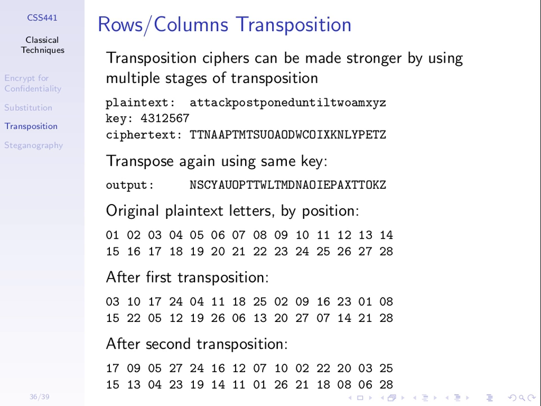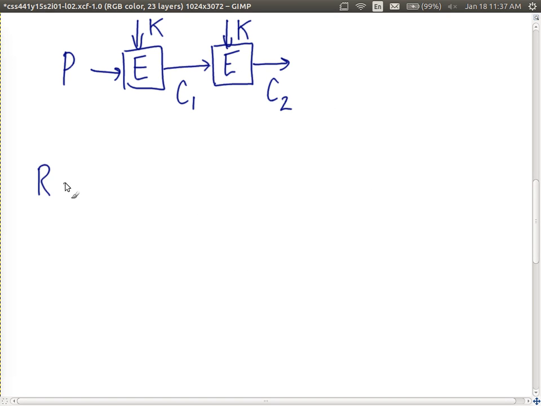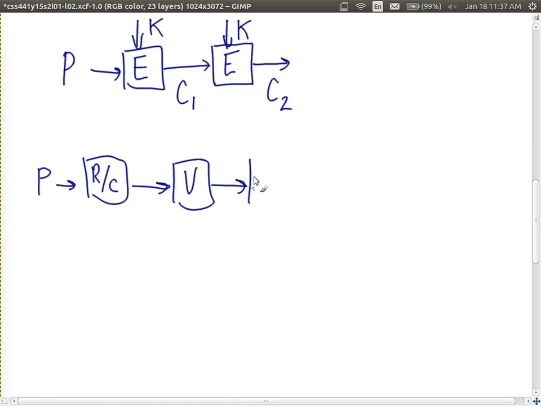And if you combine, maybe we can draw something like this: take your plaintext, encrypt with, say, a rows and columns cipher, take the output, encrypt with a Vigenère cipher, and try that several times.